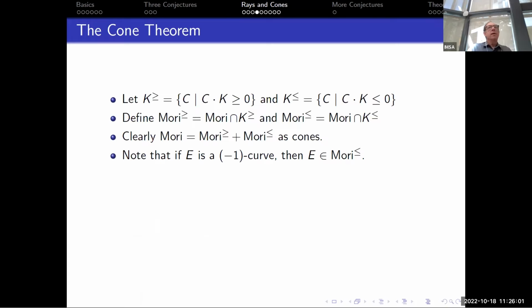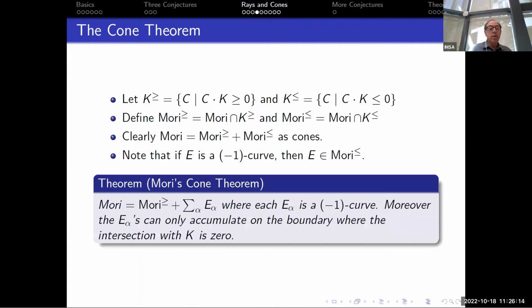Now, any -1 curve is in the negative part of the Mori cone because E dot K is -1. What Mori's cone theorem says is that the negative part of the Mori cone is generated by these -1 curves.